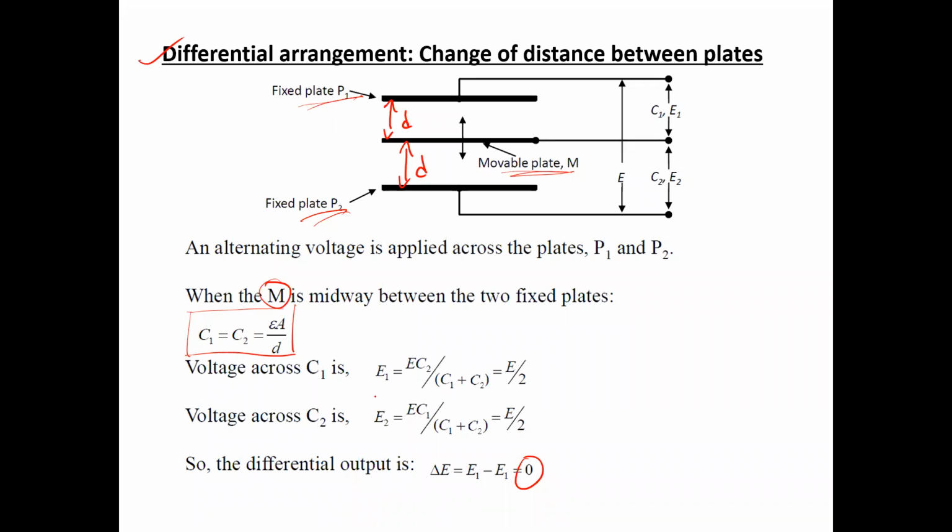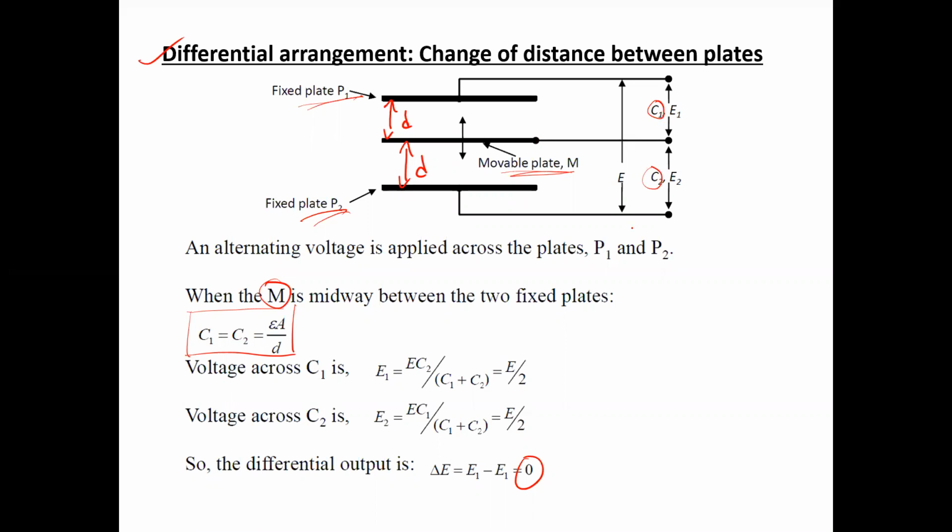Now for C1, the voltage across it. C1 is the capacitance between the movable plate and P1, and the capacitance between the movable plate and the other fixed plate is represented here as C2.